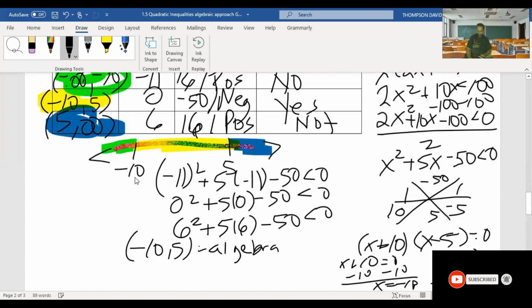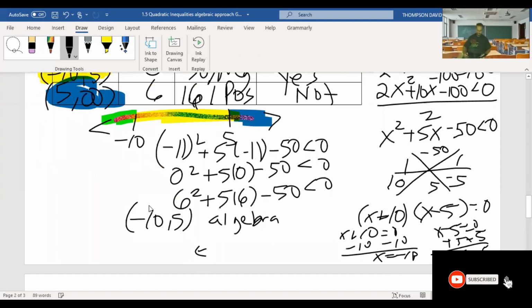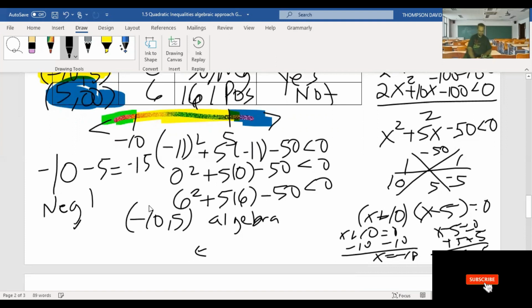But in the real world situation, we have to think about numbers like negative 10. If I plug in negative 10, I end up with a negative length. So for example, we plug in negative 10 minus 5, that would be negative 15, which we can't have, negative length, which is not allowed.